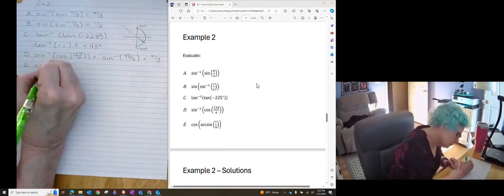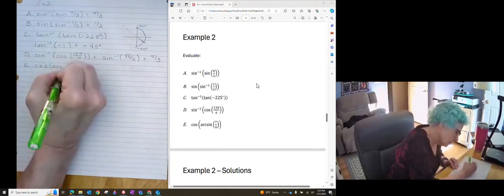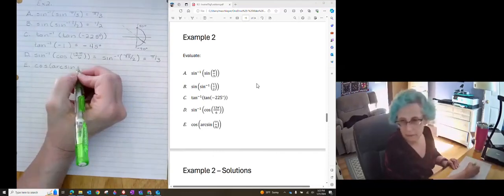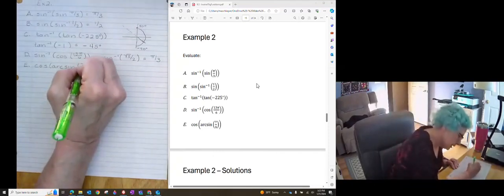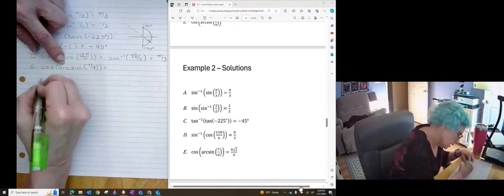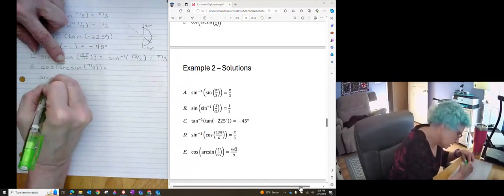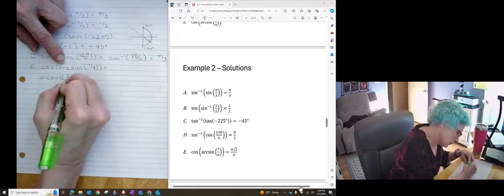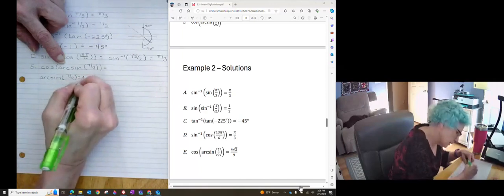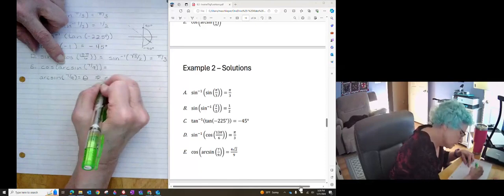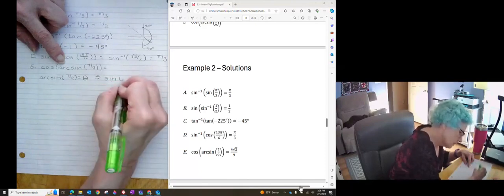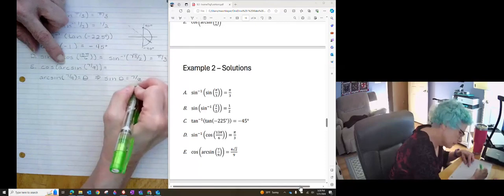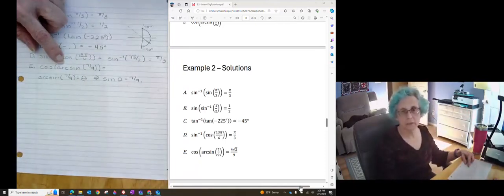Cosine of arc sine of 7 over 9. So if arc sine of 7 over 9 is equal to theta, then sine of theta is equal to 7 over 9.